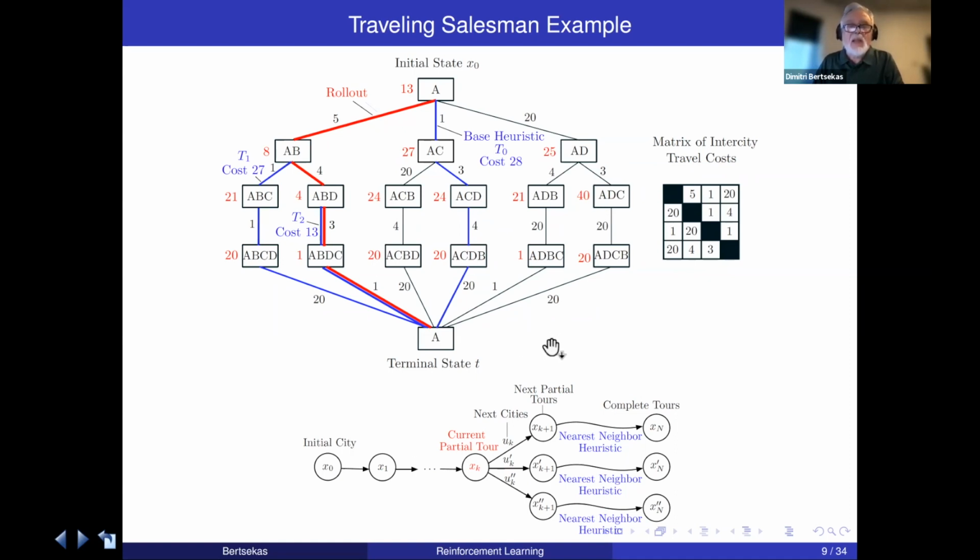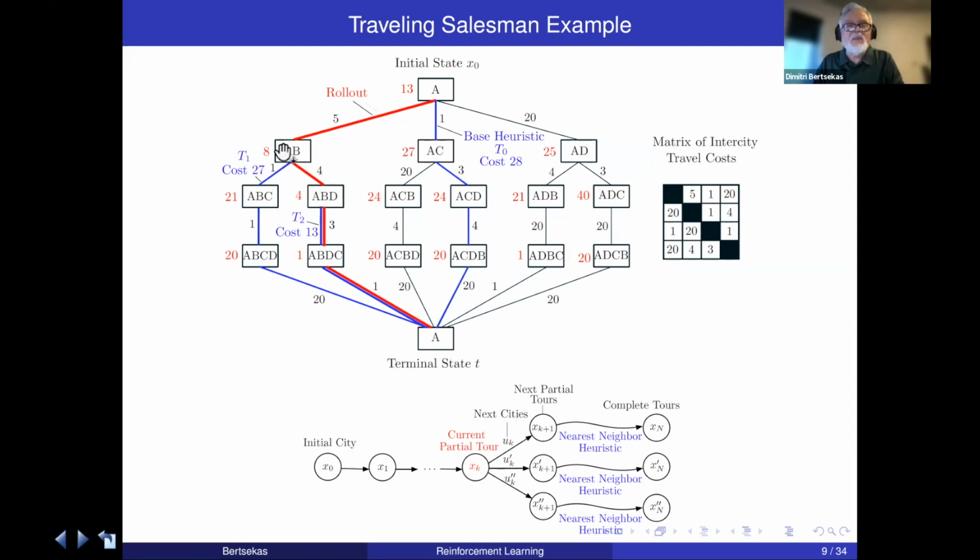The dynamic programming algorithm, we did this last time, starts from the terminal state and goes back one step and gives you these red numbers here, and then goes back one step, gives you these red numbers here also, 20 plus 1, 1 plus 3, which is 4, and so on. Now, in these last two stages, there is no choice to be made.